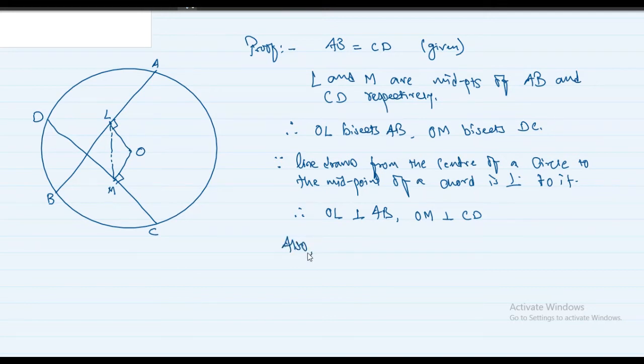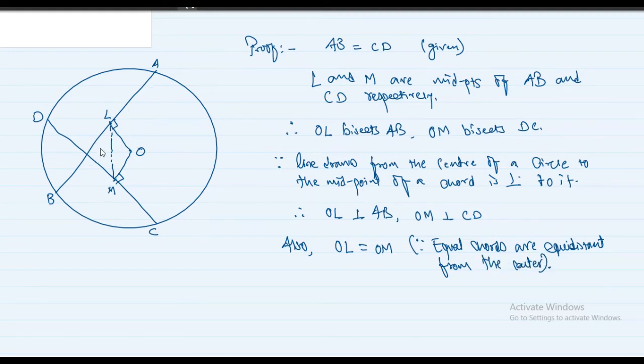Also, OL is equal to OM, since equal chords are equidistant from the center. So if these two chords are equal, their perpendicular distance from the center will be equal. The perpendicular distance, as we know now, is OL and OM. So OL will be equal to OM.